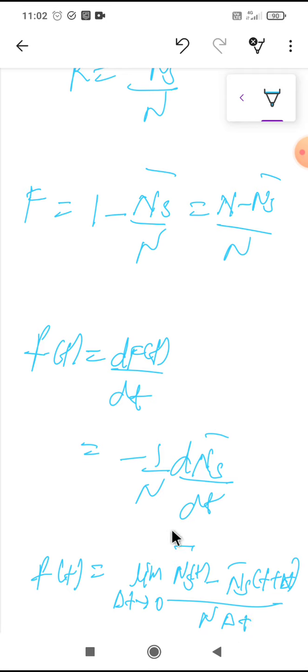Because there is an n here, this is the function f of t.